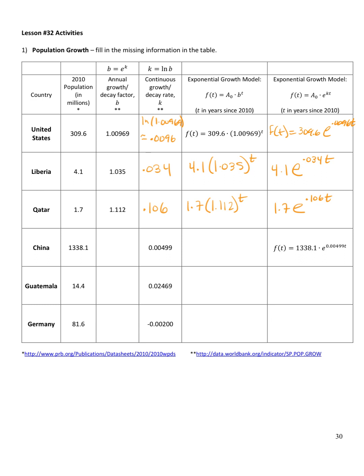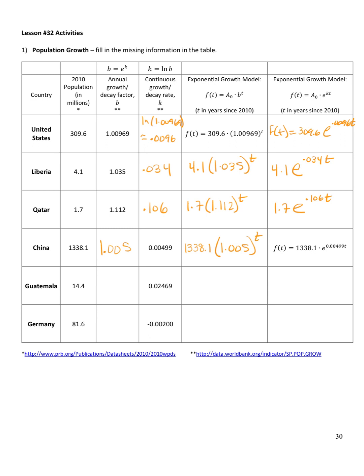So E to the 0.00499 is 1.005. And I already have written the continuous growth model. The periodic growth model would be initial value, 1338.1, times the growth factor, 1.005 to the T.